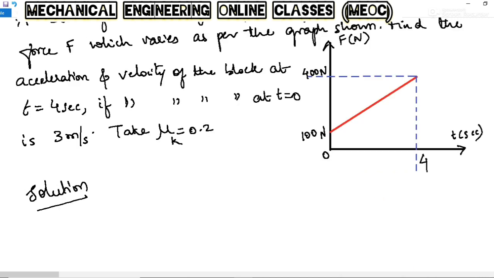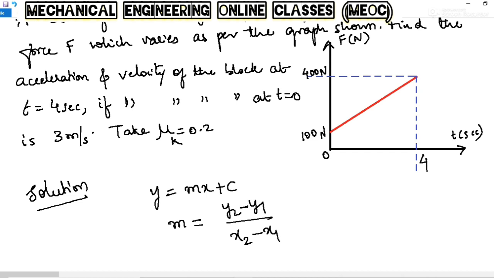So from the given graph, the relation between force and time is linear. So we can write that line roughly as y is equal to mx plus c. The relation between F and t will satisfy this. Now let us try to find the slope of it. We know the slope as y2 minus y1 by x2 minus x1.